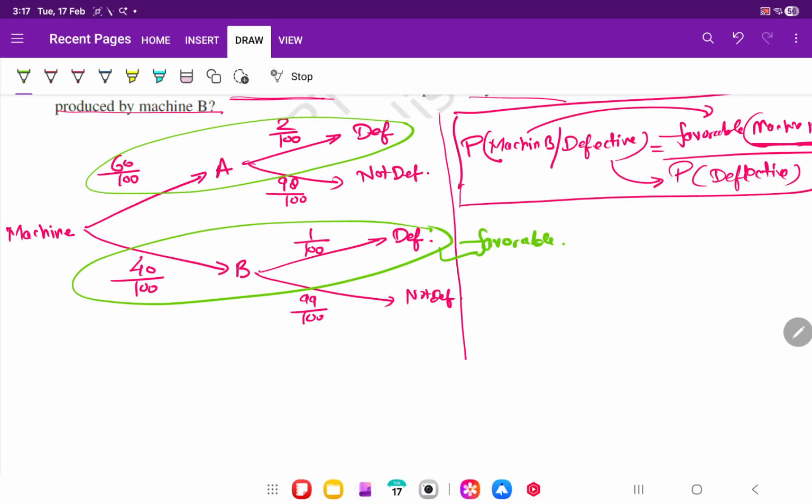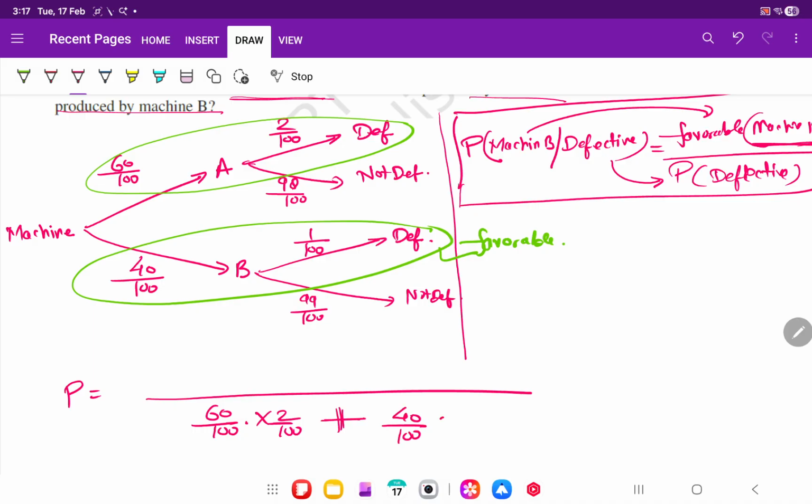Okay? So let's calculate probability. So total probability that it is defective is made by first machine and defective, plus made by B and defective, which is 1 by 100. Okay? So which one is favorable?